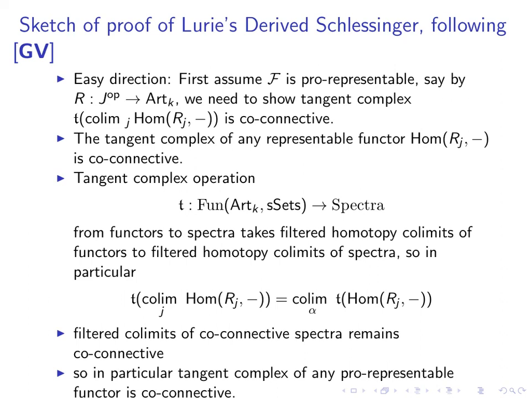Then the tangent complex operation from functors to spectra takes filtered homotopy colimits of functors to filtered homotopy colimits of spectra. And so in particular, we have this relation down here. Another claim is that filtered colimits of coconnective spectra remain coconnective. And so in particular, the tangent complex of any pro-representable functor is coconnective.